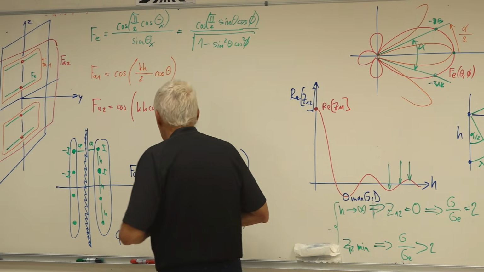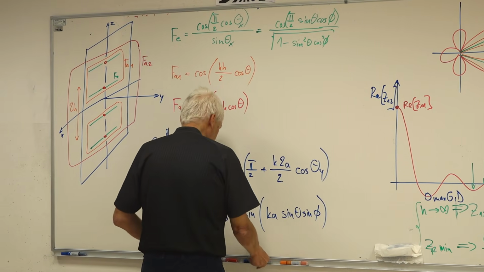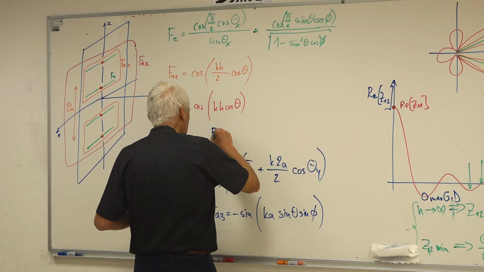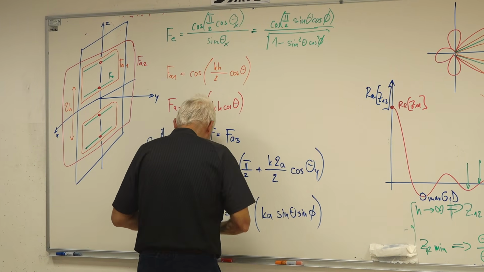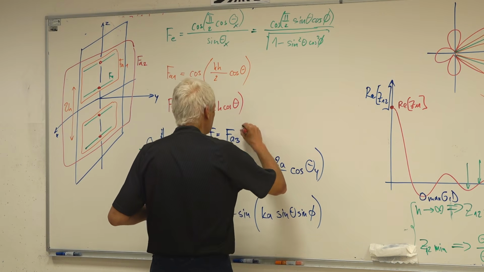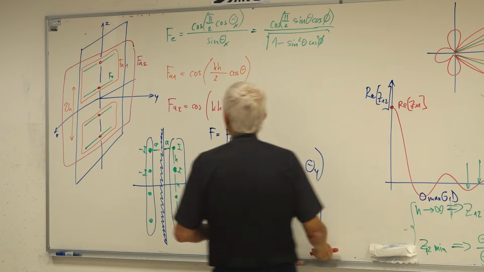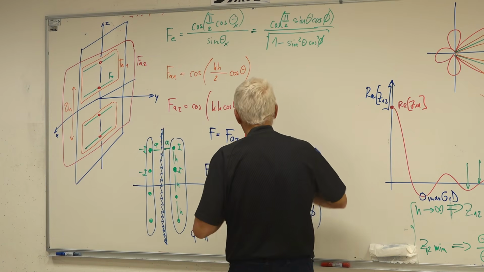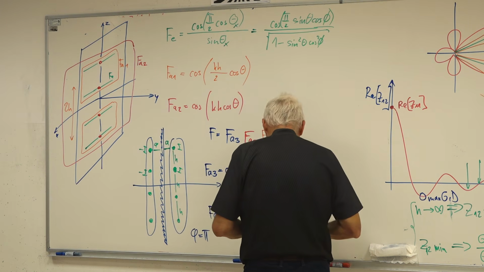And what the whole radiation pattern F is now equal to is F of the array 3 times F of the array 2, times F of the array 1, times F of the element.